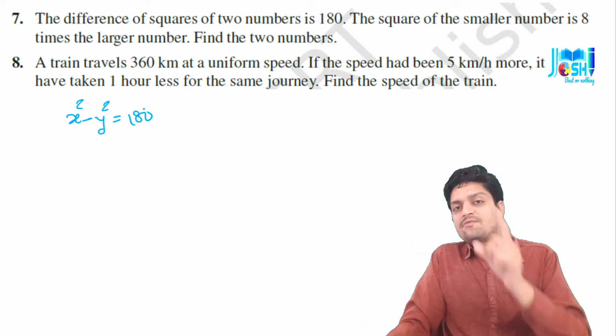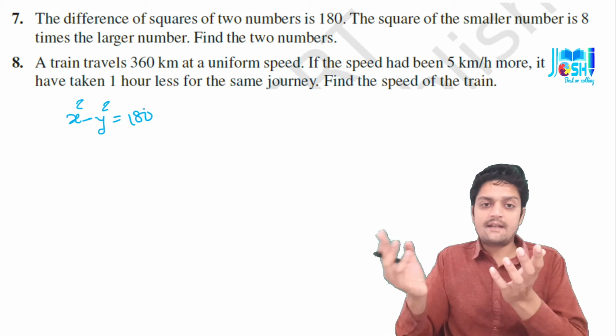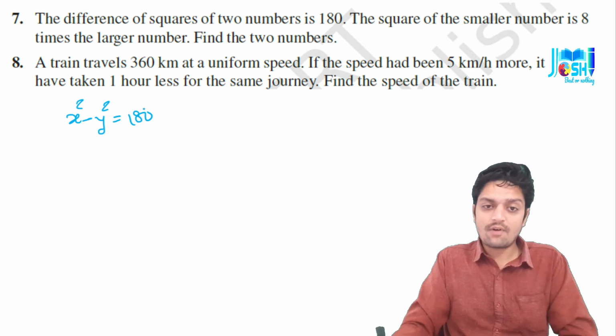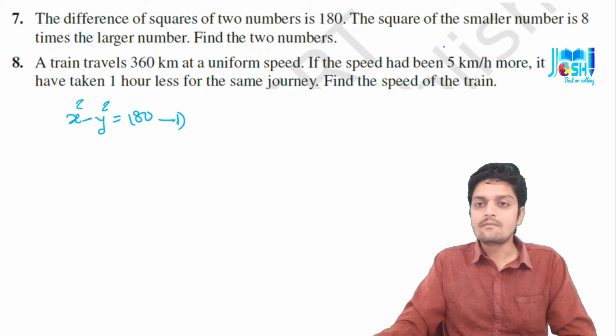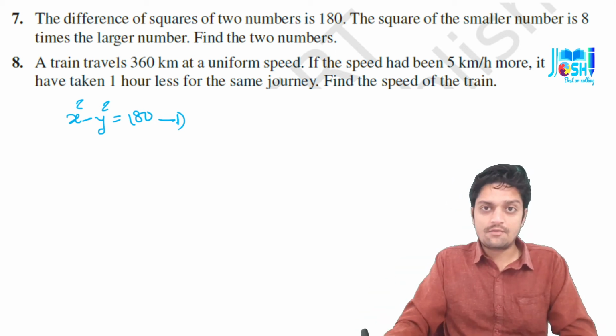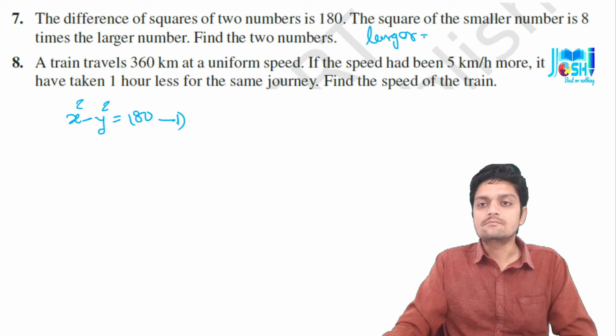As per the given first condition, we can write that x square minus y square is equal to 180, and let us call it equation number first. The square of the smaller number is 8 times the larger number. Larger is x and smaller is y.